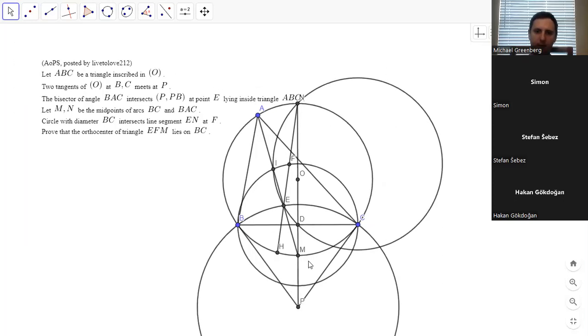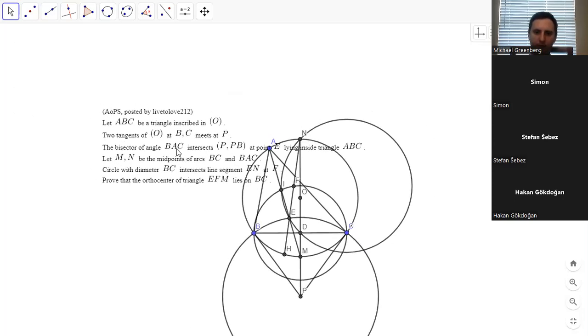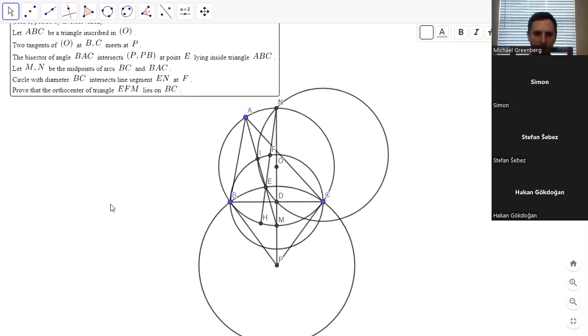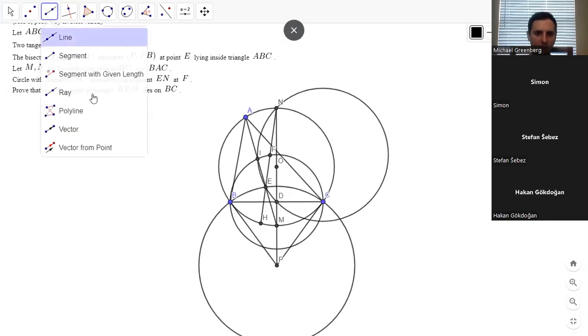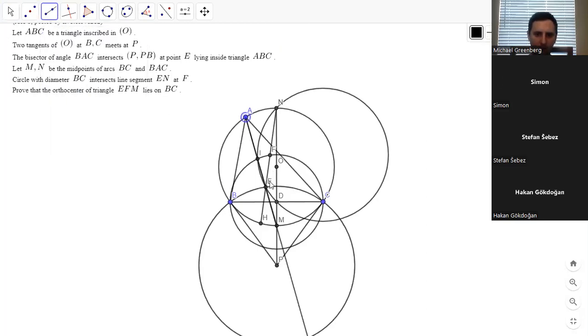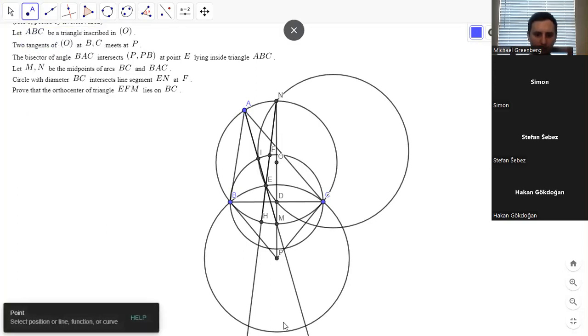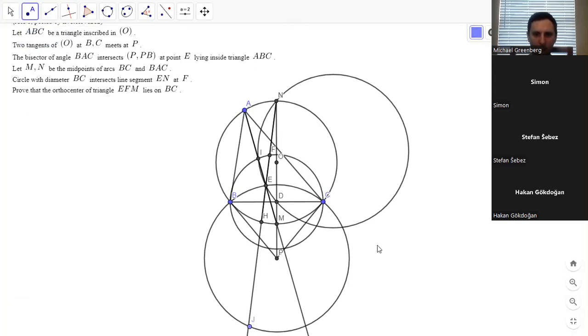So basically, I'm going to shrink this diagram a little bit, and if I extend these two, so I have this and this, then I'm going to draw these 2 points, this and this.